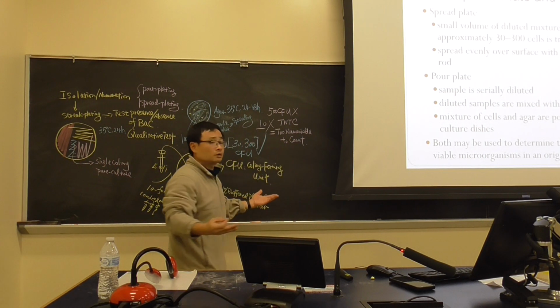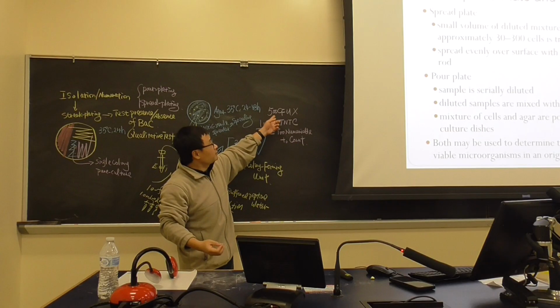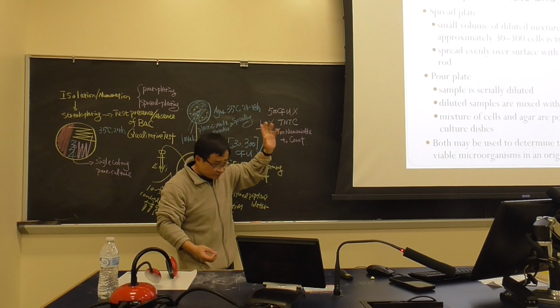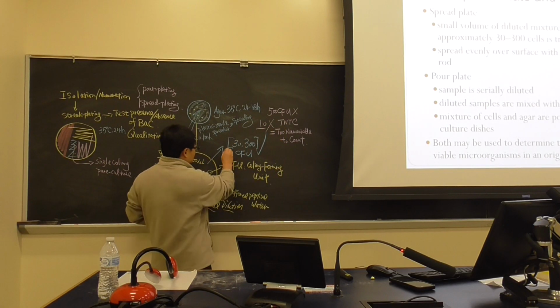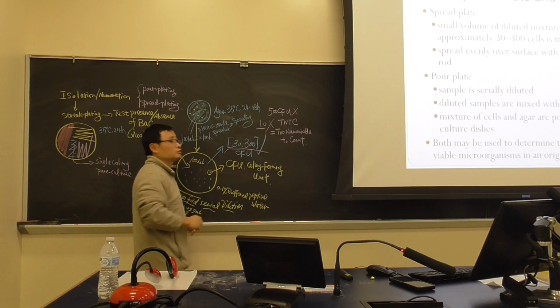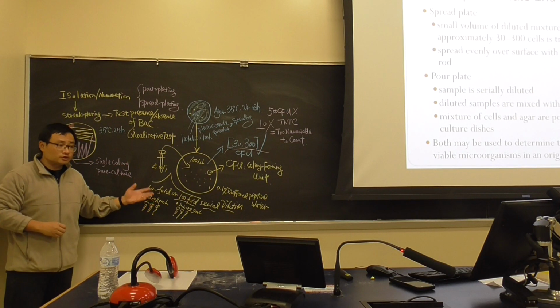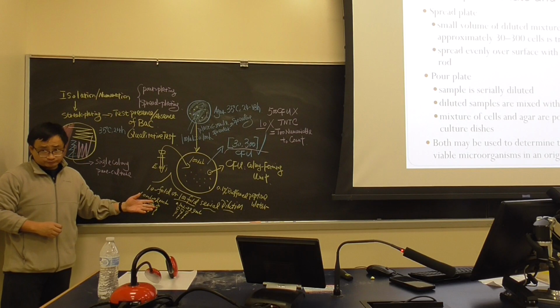So we have to use the next level of dilution, because theoretically the next dilution will get 50 colonies, and 50 is well within the 30 to 300 range. That's why the dilution technique is very important.